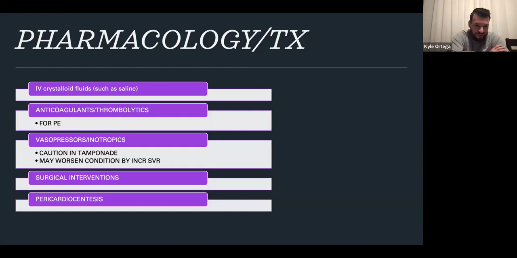Also, surgical interventions may be needed, to get that blood clot out, and then a pericardiocentesis to relieve the fluid around the heart may be needed as well.